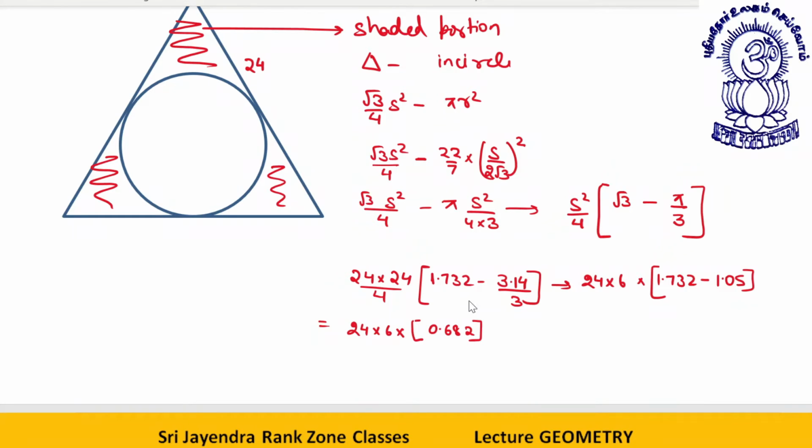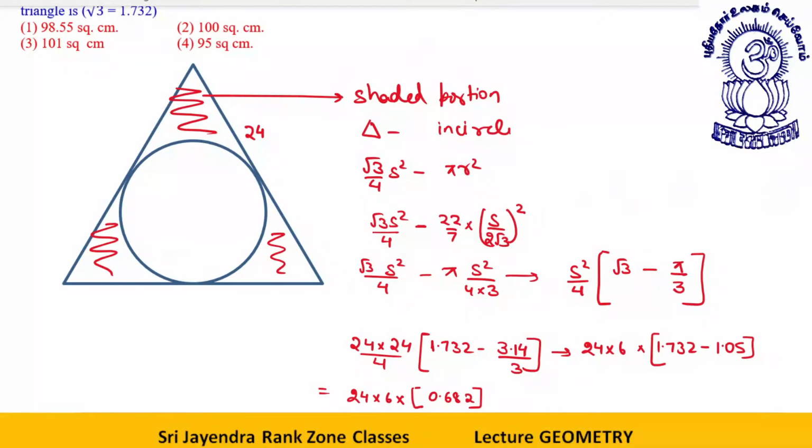Now the other thing is, dear students, look at the options. Let me do the question in this space only. 24 into 6 into 0.682.